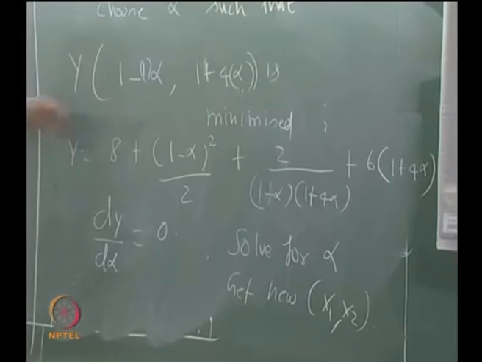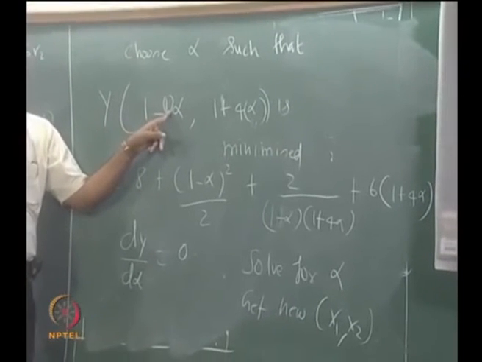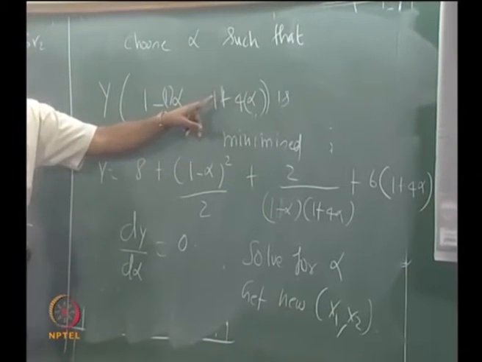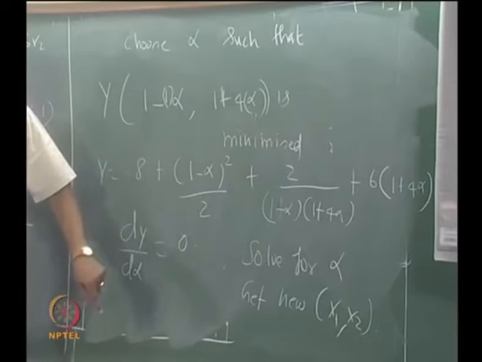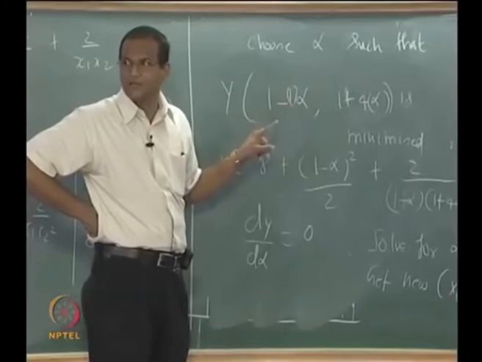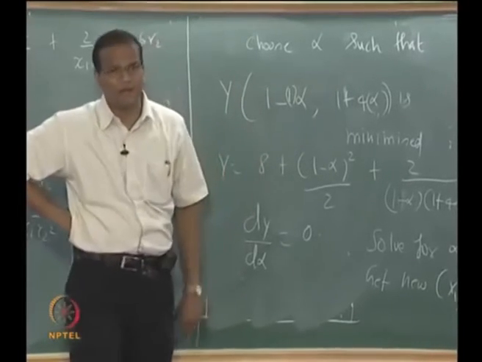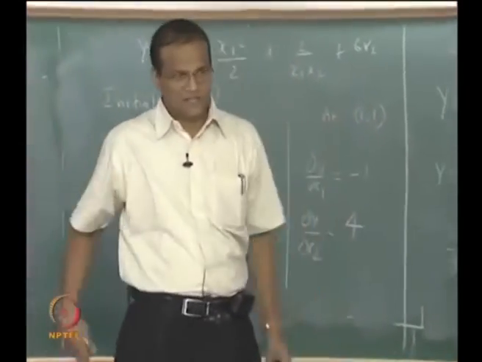Once you calculate alpha, the new value of x1 will be 1 minus alpha, the new value of x2 will be 1 plus 4 alpha. Get dy by dx1, dy by dx2 at the new values of x1, x2, so every iteration the alpha will be updated, you solve for alpha.